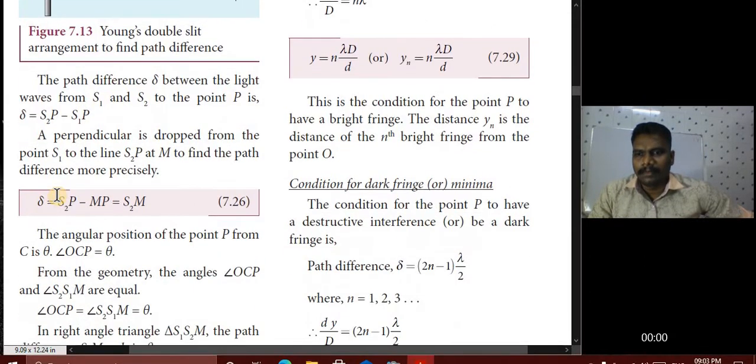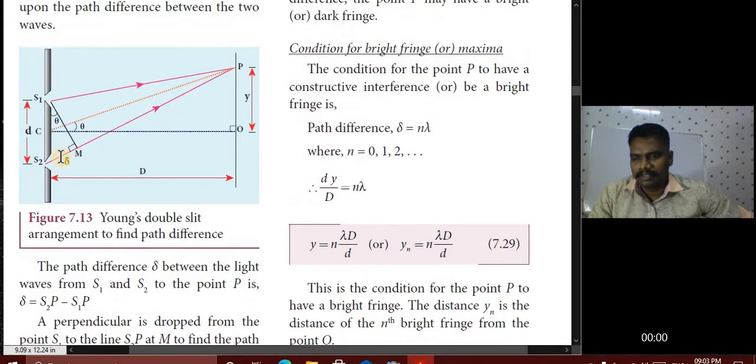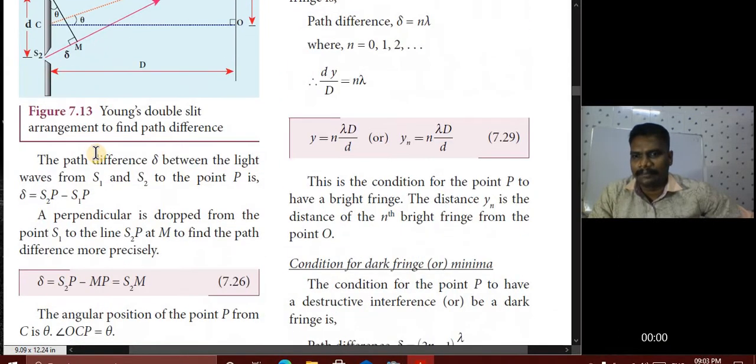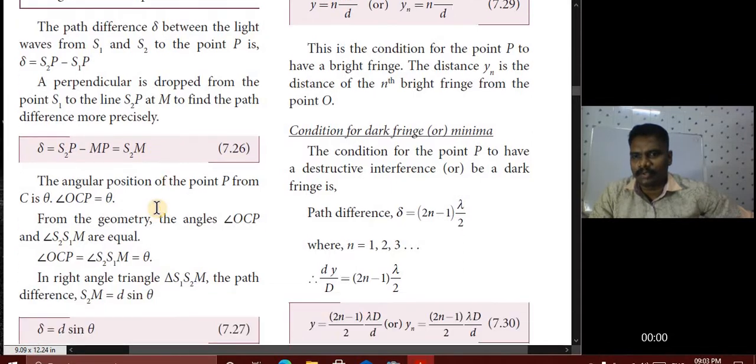Now the path difference delta is equal to S2P minus MP, which gives S2M. So the path difference delta is equal to S2M.